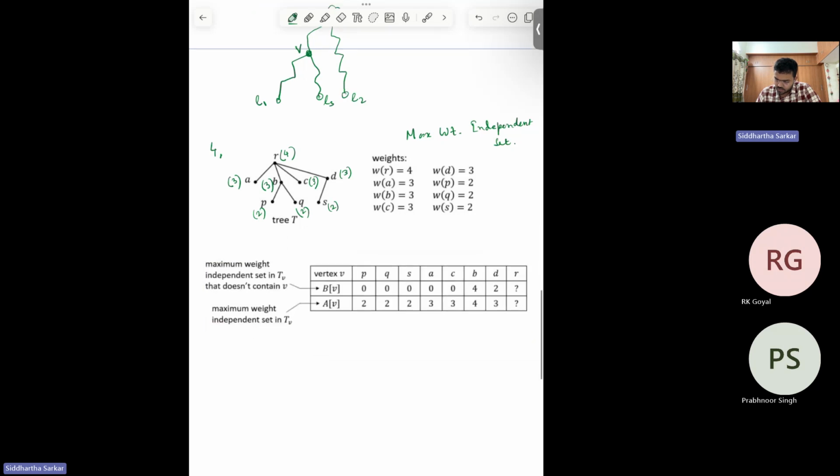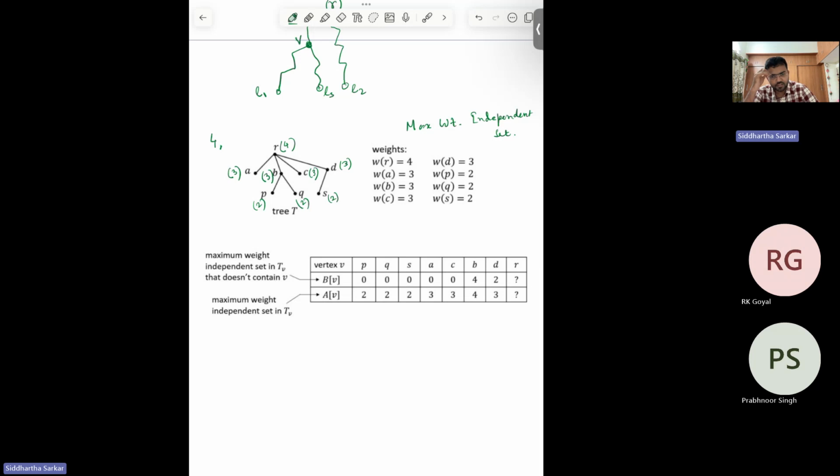It defines two quantities, A and B, with respect to each vertex.